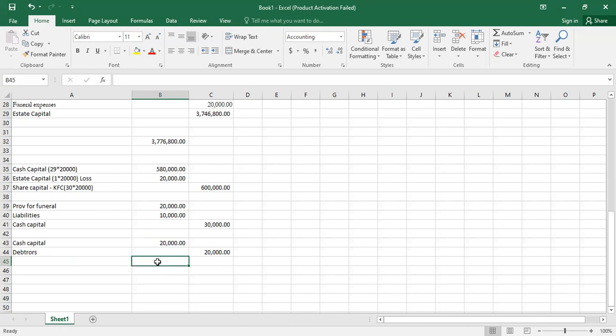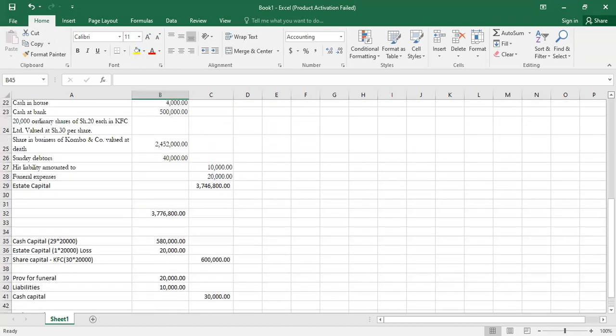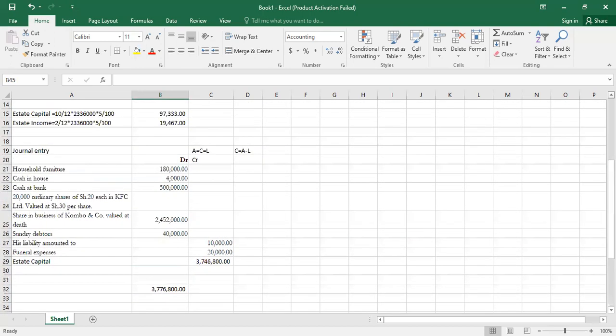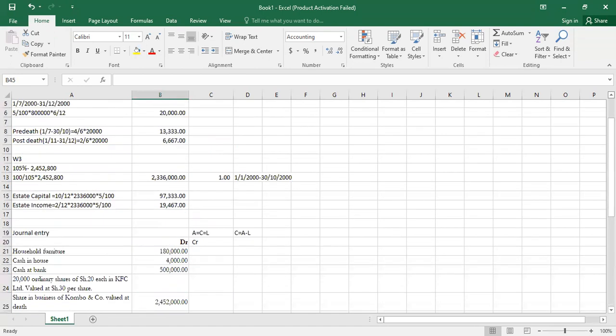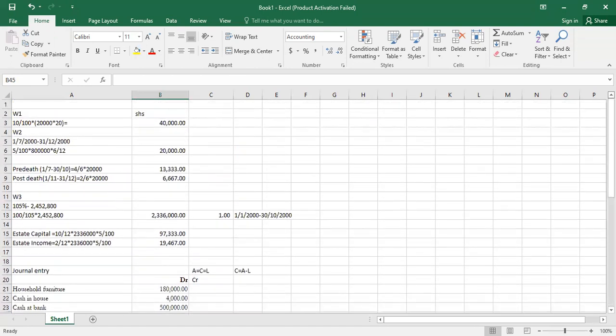Now we need to go to those workings that we did. On 31st December, we are receiving the interest from the freehold property. This interest that we calculated, yeah, we have this amount.